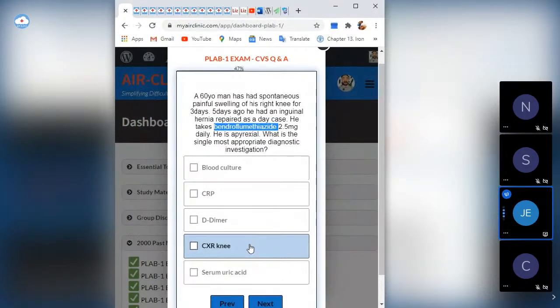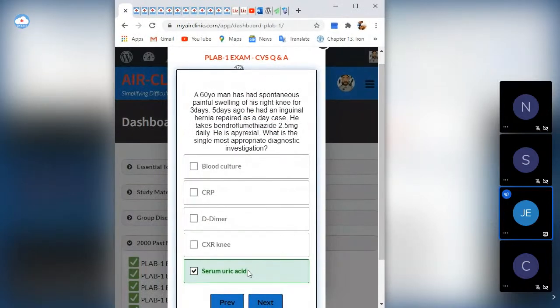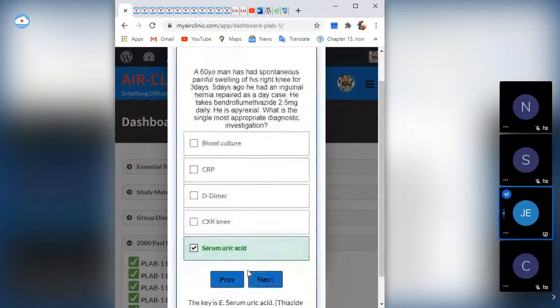But gout usually presents with tophi in the big toe. This one is the knee. Anyway, see the answer now. You guys are correct. Serum uric acid.